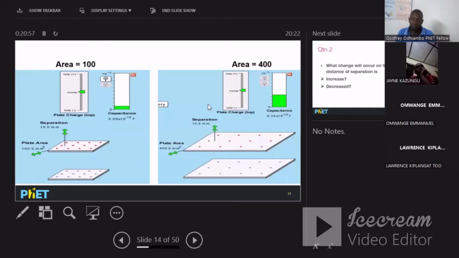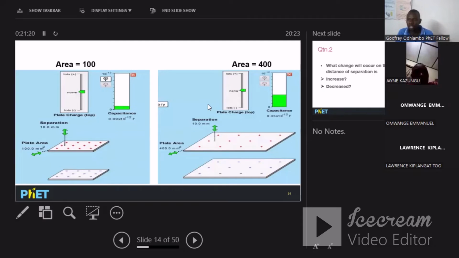So this is an example of the sim environment itself, where on one side the area is 100, on the other side the area is 400. The student will compare the area. In the first one, the area is smaller, in the next one, the area is larger.